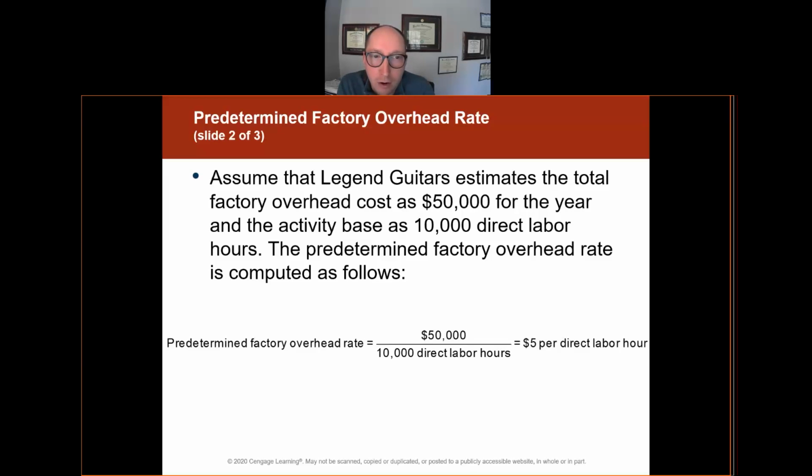So we take our total factory overhead divided by the total direct labor hours. That's our activity base. So 50,000 divided by 10,000 is $5 per direct labor hour. So in other words, $5 per unit is the allocation for factory overhead.